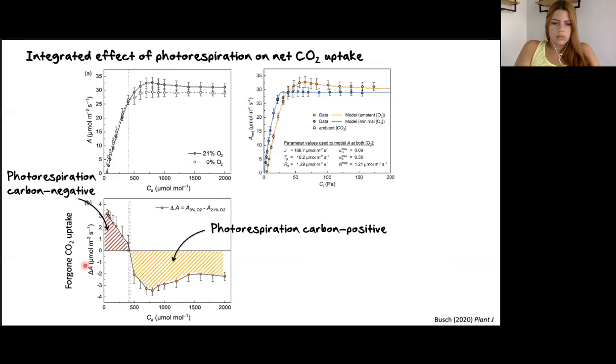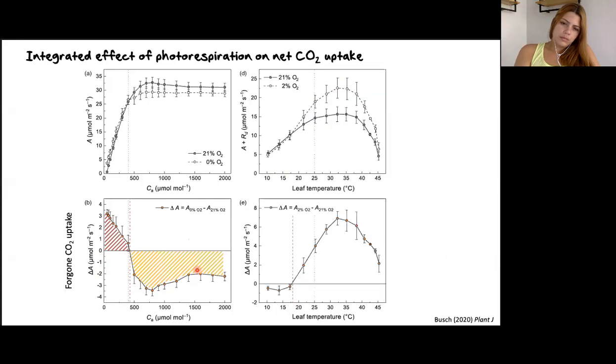So we have two areas here. When you go to lower CO2 concentration, then photorespiration becomes carbon negative. And if you were to go to higher CO2 concentration, photorespiration becomes carbon positive. We can also do that with plants measured at different leaf temperatures. So here the solid gray points are, again, 21% oxygen. And the empty points here are 2% oxygen, where we've reduced photorespiration.